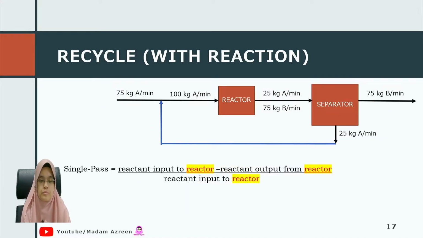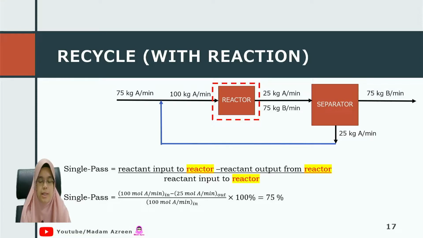And how about single pass conversion? Single pass conversion means you have a boundary condition at your reactor, and the way to calculate it is: we took 100 kg because this 100 kg goes into the reactor, minus how much A is unreacted, over the 100 kg that goes in, and we have only 75% conversion.